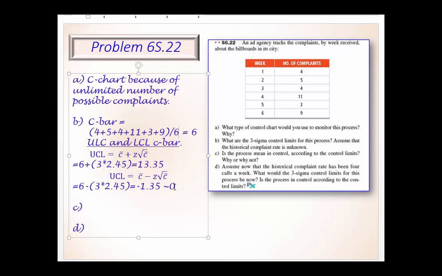So that's the upper and lower control limit of complaints that we expect. Now part C asks if it's in control, and we're going to say yes, it is in control, because all of the observations are inside of the control limits.